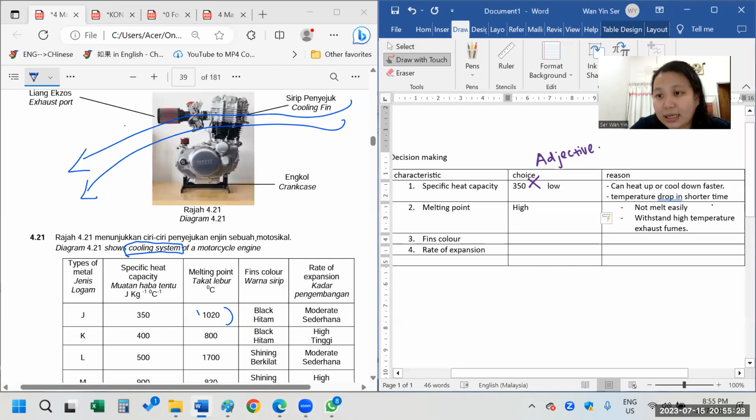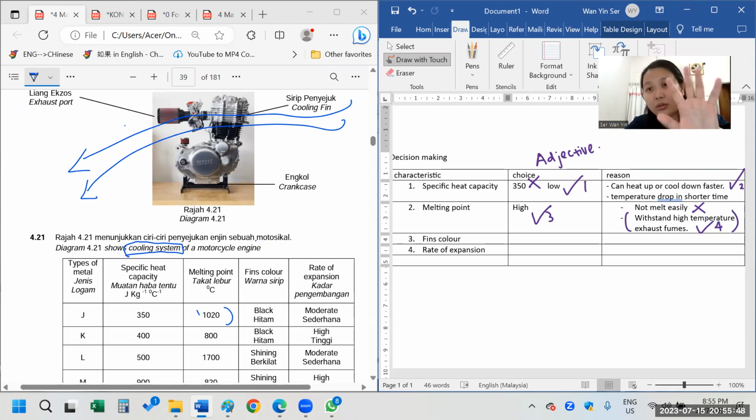Let's say that this one wrong. But this one correct. Okay, so normally how we mark, this is mark 1, mark 2. Mark 3, then, let's say this one wrong. But you still got backup. Yes, you still can get the 4th mark. So do not worry.